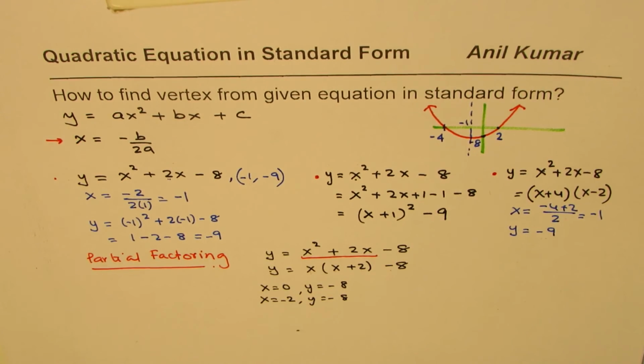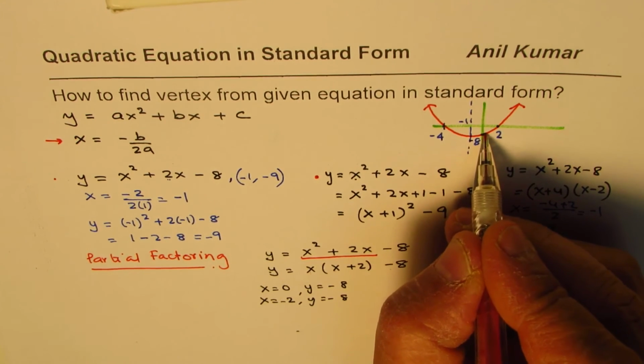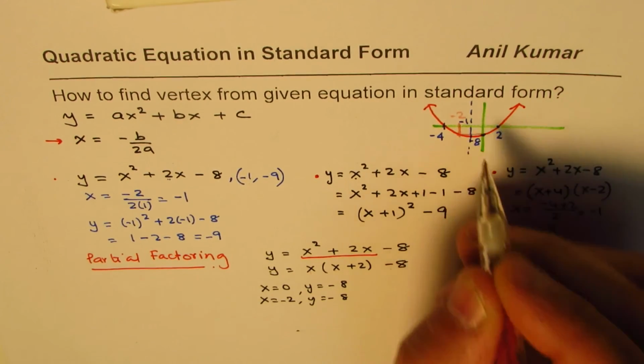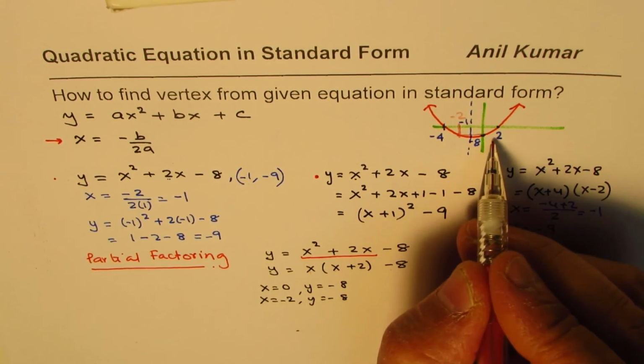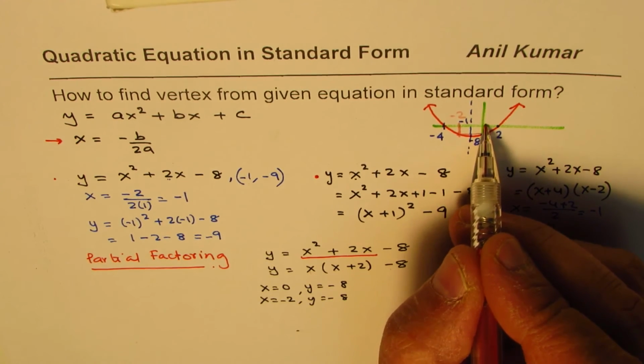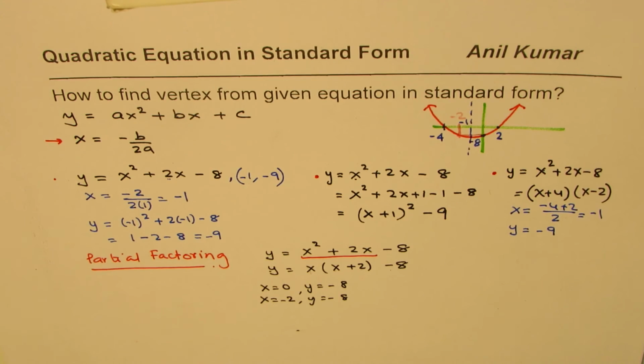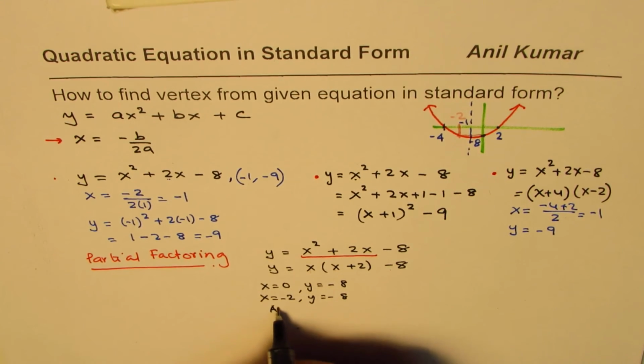So you can see here that if I draw a horizontal line, then at minus 2, I have the same value of minus 8 as I have at 0. And the axis should be midway between them, right? So that gives us the axis.